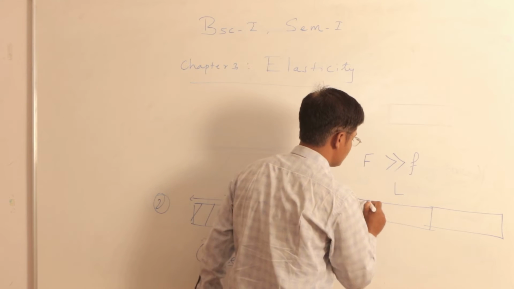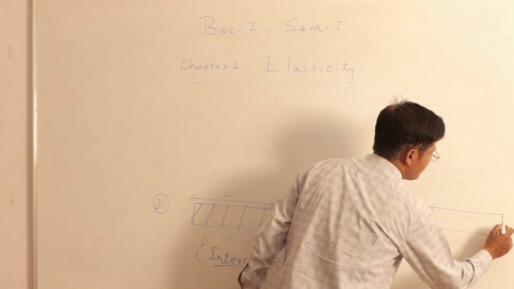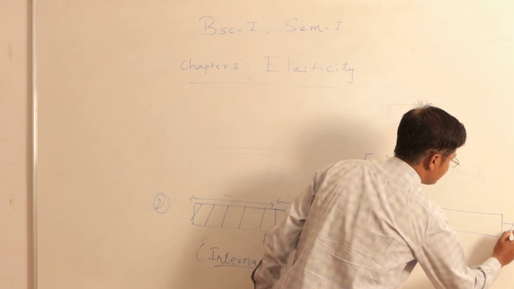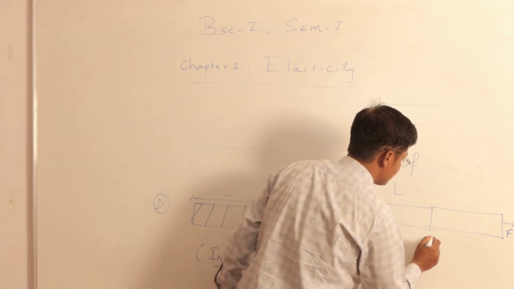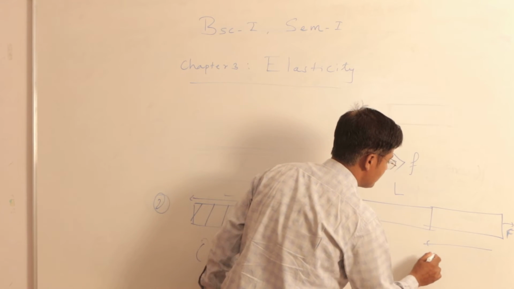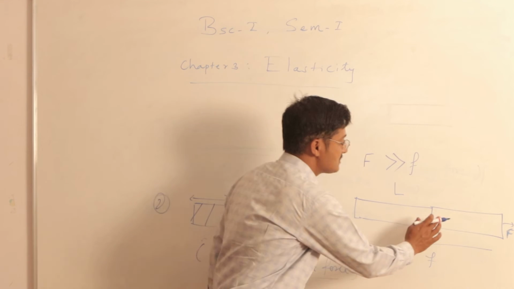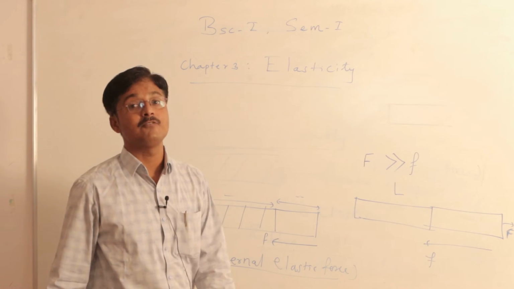Now suppose this is the original length, and if this capital F is very much greater than this internal elastic force, what will happen? This body will be permanently deformed.